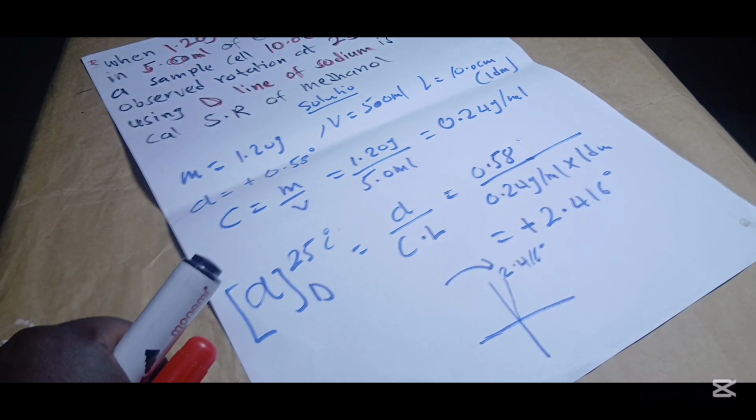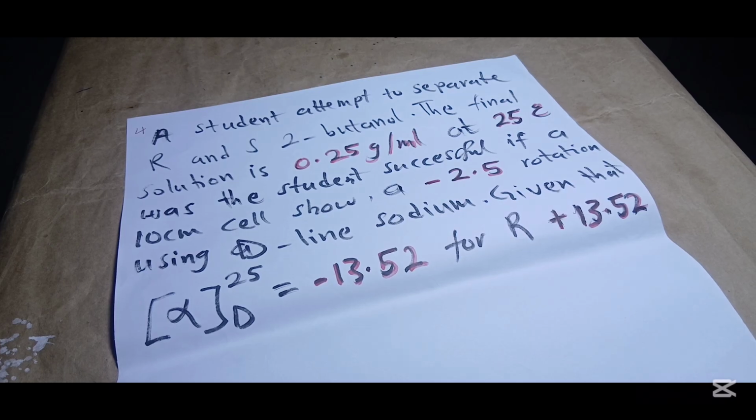2.416 degrees. A student attempts to separate R and S 2-butanol. The final solution is 0.25 gram per ml at 25 degrees Celsius.